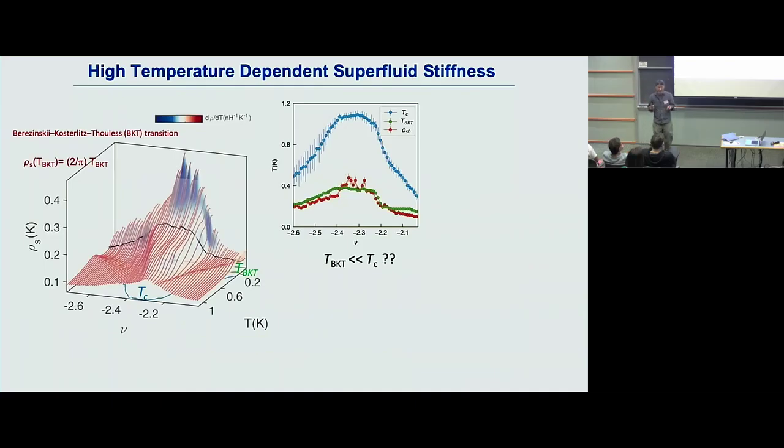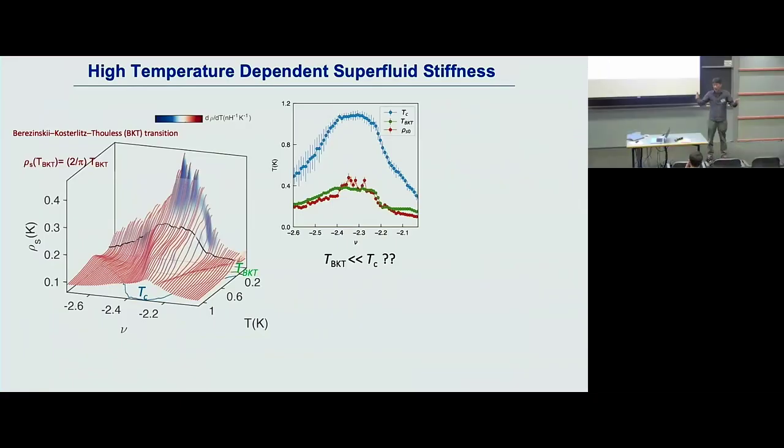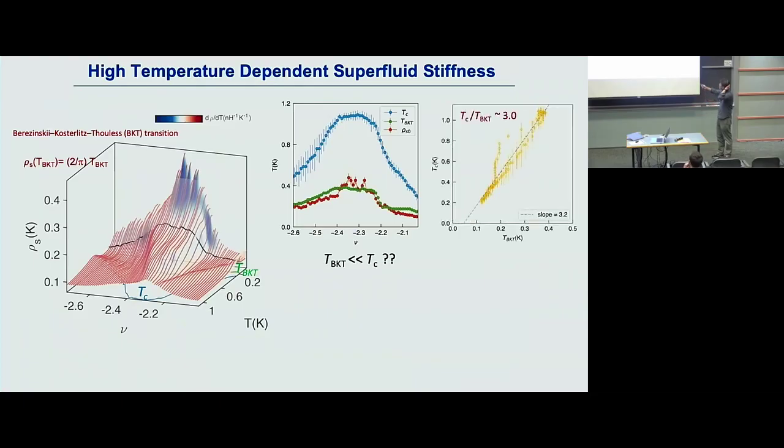What that means is, if I follow through, above the BKT transition temperature I estimate from the superfluid stiffness measurement, I still have a zero resistance state, which doesn't make sense, right? The BKT transition temperature is where the vortices start to unbind and dissipate, so it doesn't make sense. We scratched our heads, and then we found an interesting correlation between the TC that we measure and the BKT transition temperature.